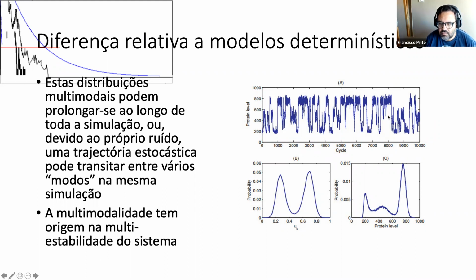And due to noisy events, you can migrate between each of these different states. And if you make a histogram of all the values of protein levels across time, you may observe something like this. So this is one that does not correspond to this picture because it doesn't have this middle state.